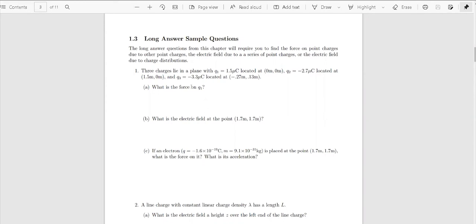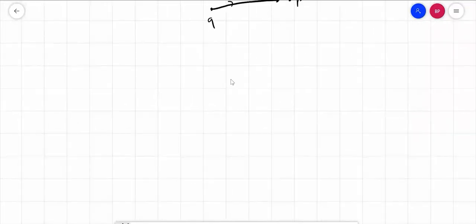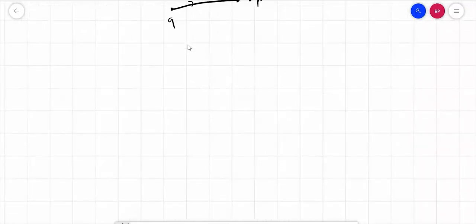All right, so anytime you want to do a problem like this, the first thing you should do is draw a picture that shows where all of the charges are. So in our case, each of these ticks are 1 meter. So Q1 was at the origin. That's Q1.